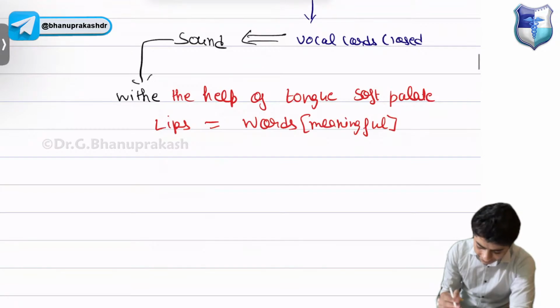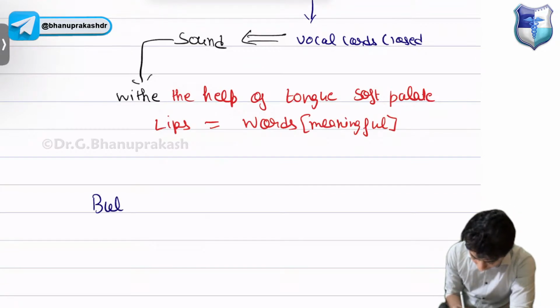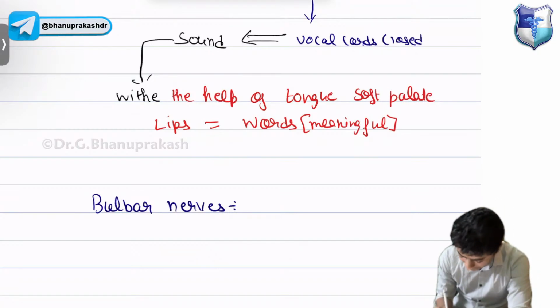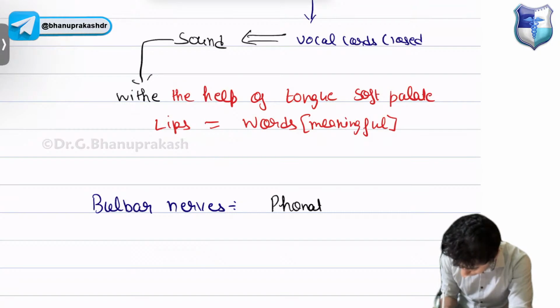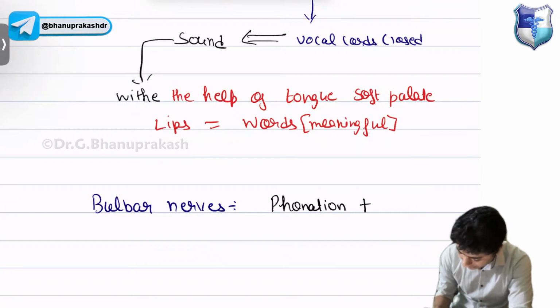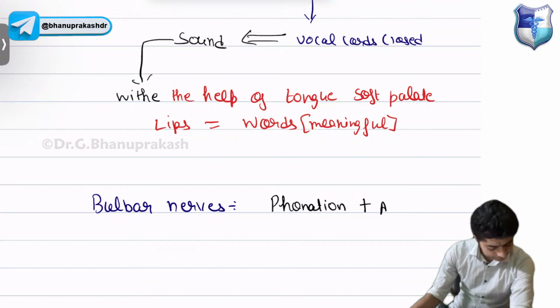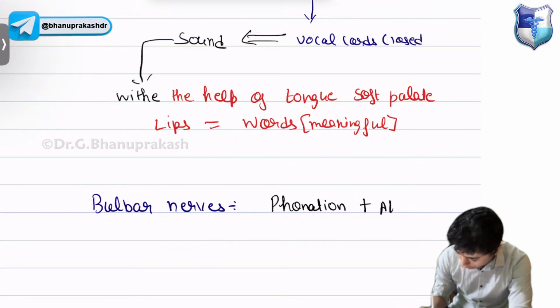So we can say that your bulbar nerves help in phonation as well as articulation also.